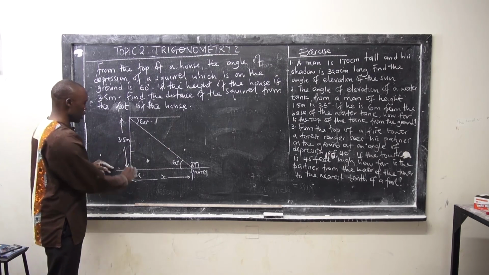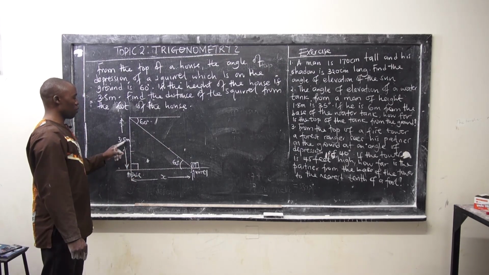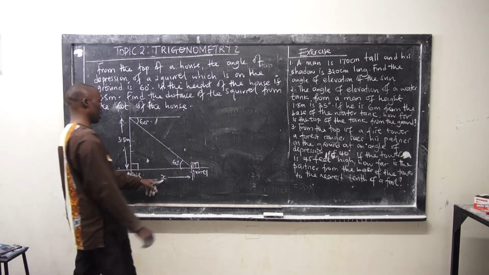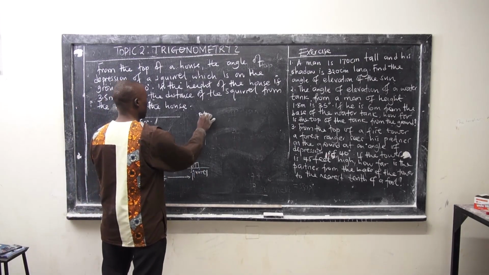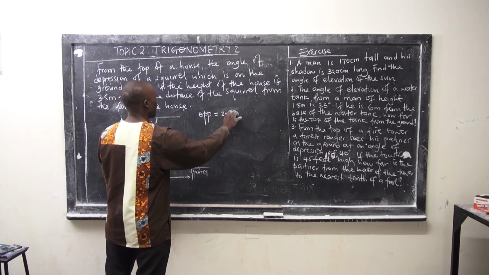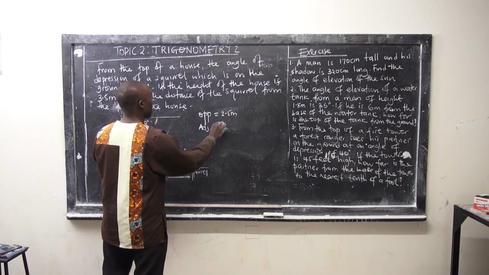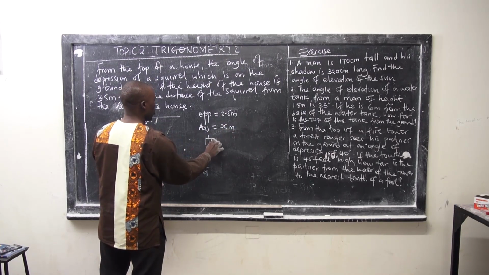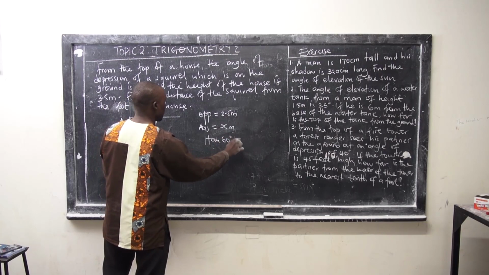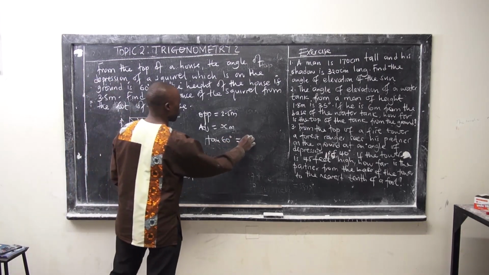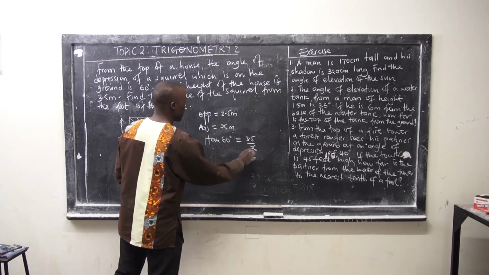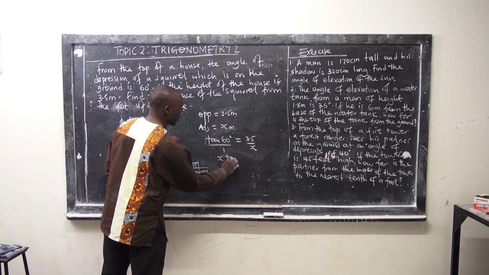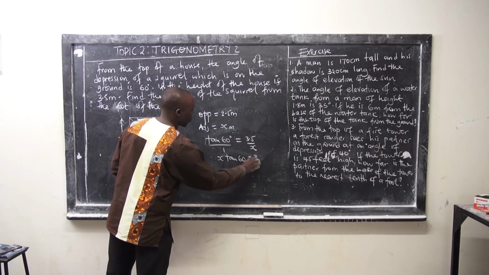So in this triangle here, I can observe that I have the opposite at 3.5 meters, adjacent is the unknown x meters. So I'm going to call in tan. The tan of the angle is the opposite, which is 3.5, divided by the adjacent. So by cross multiplying, x tan 60 is equal to 3.5.